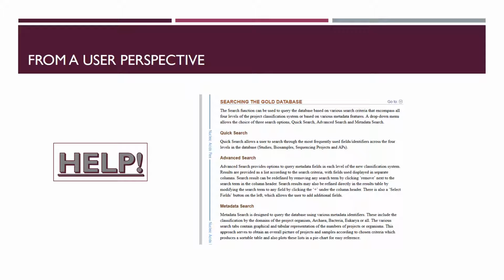So, as just this super novice user who jumped into the GOLD database and was trying to understand more about it, when I clicked on help, it brings us to a help page. And the help page essentially gives you this option to open a GOLD documentation, is what it's called.